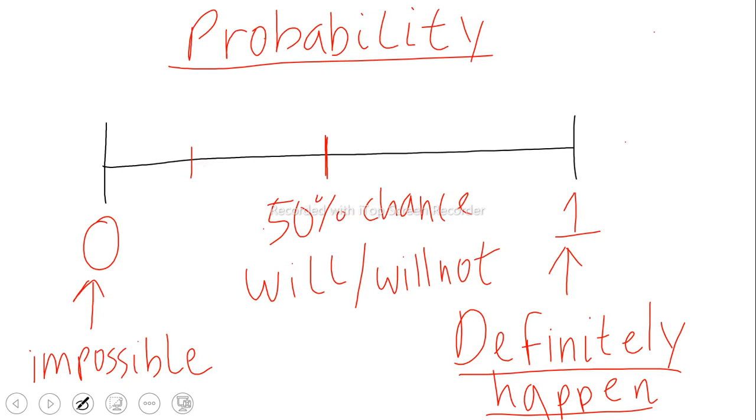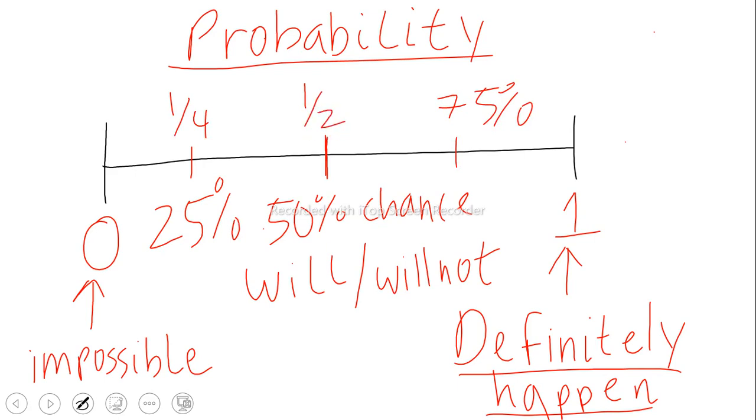Most likely it won't happen. A quarter, 25%. 25% chance it will happen, and here is going to be 75% chance it won't happen. So this is going to be 1 over 4. This is going to be a half. This is going to be 3 over 4. And this is going to be a whole.